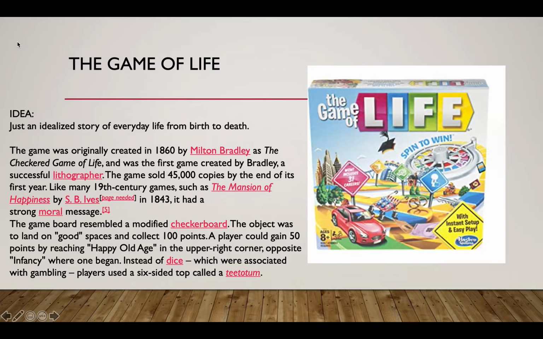It was basically a six-sided top, almost like a dreidel, but 6 sides. And now, with the modern version, you can kind of see up here that it's like a wheel of fortune, which is kind of an interesting metaphor, right?